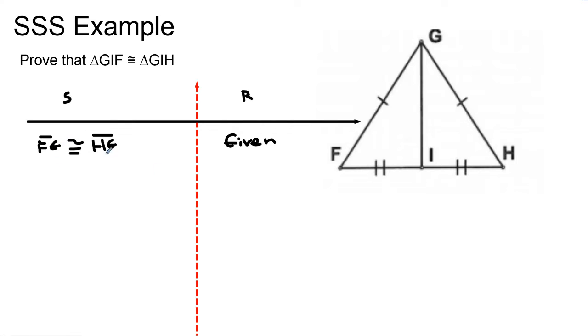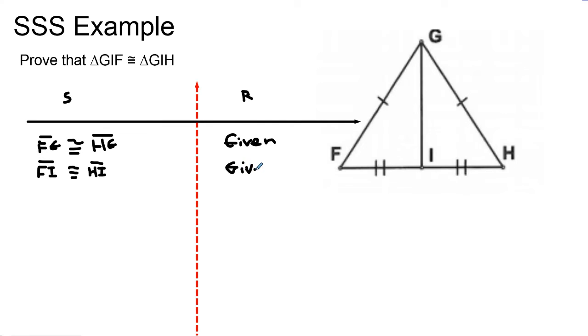The next thing I can state, according to the diagram, is that segment FI is congruent to segment HI. And again, that's marked information. It's given to me, so that would be the reason that I put.